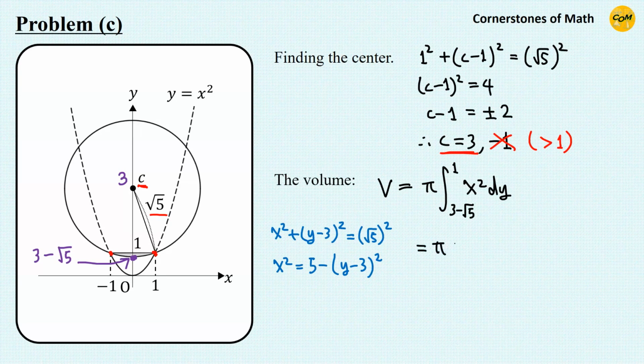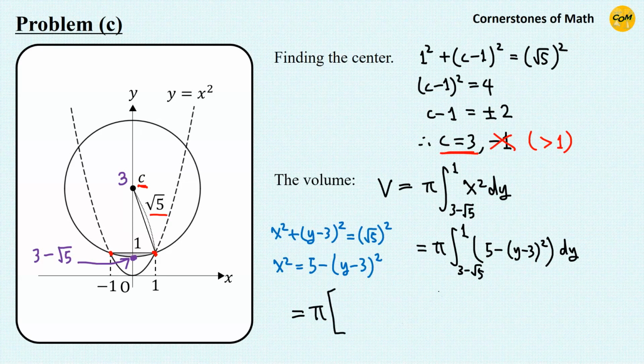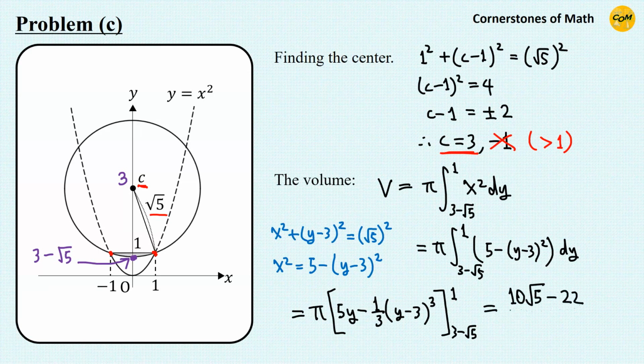So we have the integral of 5 - (y - 3)² dy, which gives 5y - 1/3 (y - 3)³. And if you calculate this, you will obtain (10√5 - 22)/3 π.